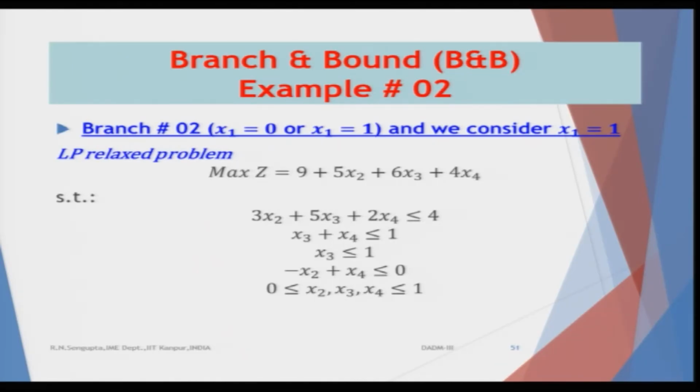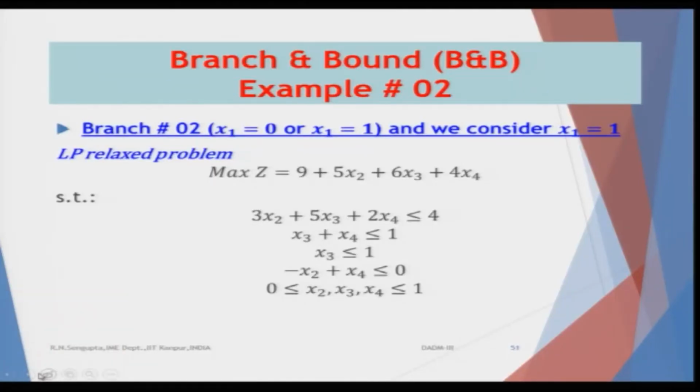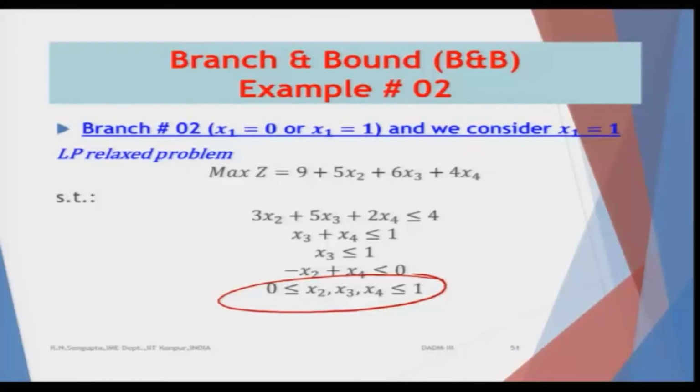Now, we relax it and make the variables continuous between 0 and 1. So x2, x3, x4 are all between 0 and 1, both inclusive. We will solve the linear programming problem where x1 is fixed at 1, so it is out of the problem.